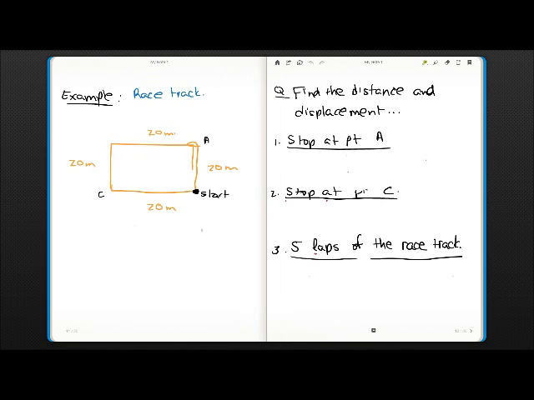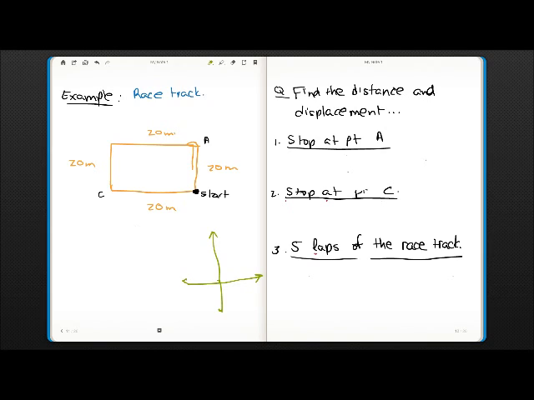So here's a similar example: a racetrack. Find the distance and displacement. So we have a racetrack, you start from here, and you have only 2 points, A and C, that you can travel to. Say you stop at point A. Okay, before we start doing that, for displacement you have to make a coordinate system, so let's do that. It will be something like this.